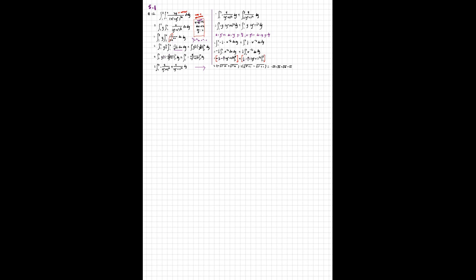And then I do the integration with the power rule, and I got negative 1/2 times 2 times (y squared plus 4) to the 1/2 from 1 to 3, plus 1/2 times 2 times (y squared plus 1) to the 1/2, also from 1 to 3. Then I plug in the numbers for y, and I got the final answer equal to negative radical 13 plus radical 5 plus radical 10 minus radical 2.